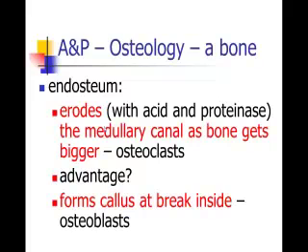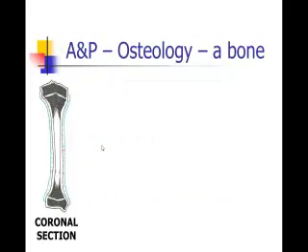So osteoblasts form new bone tissue where a bone breaks. And because of this, the bone ends up actually being stronger after it's broken and healed than it was before it was broken. This is a fairly unusual thing. Normally in our bodies, if we damage things, you get scar tissue, and the scar tissue is never quite as good as the original. But in the case of the bones, it's actually better.